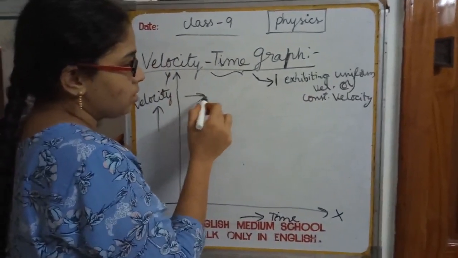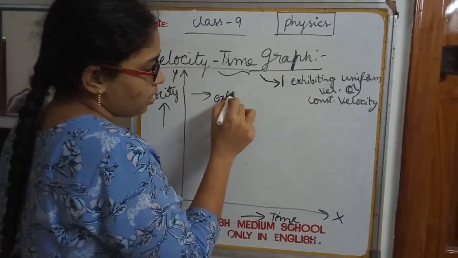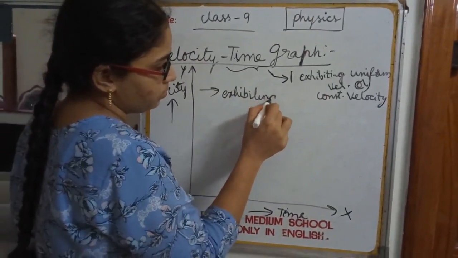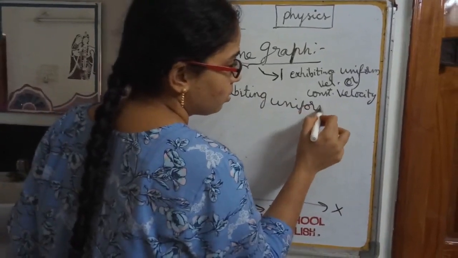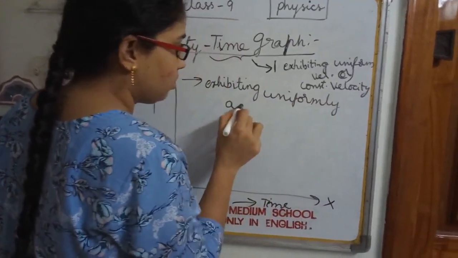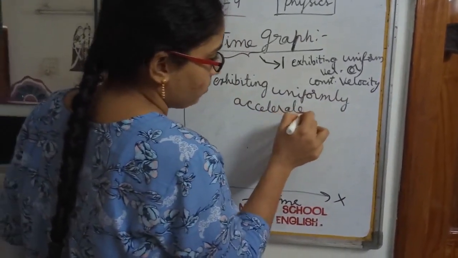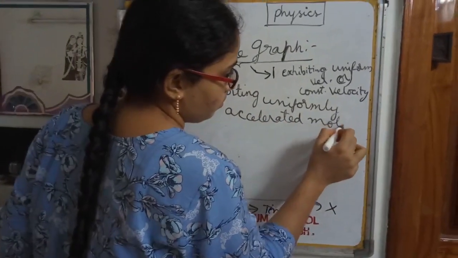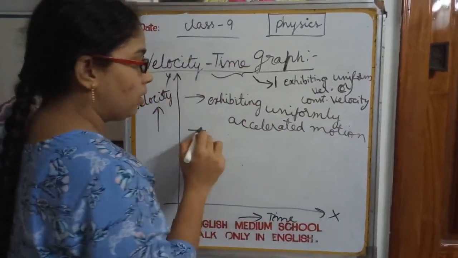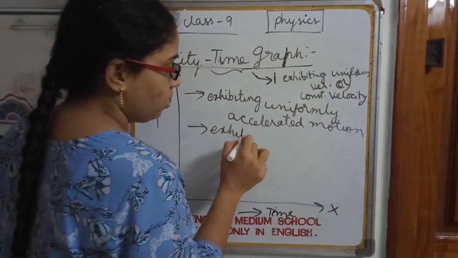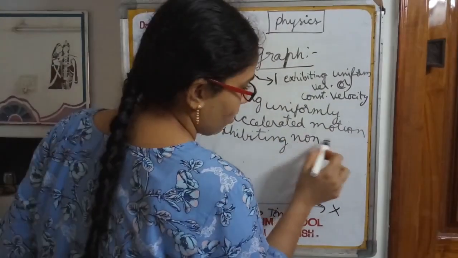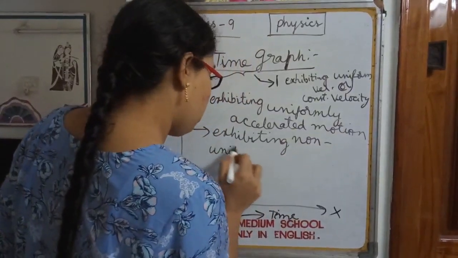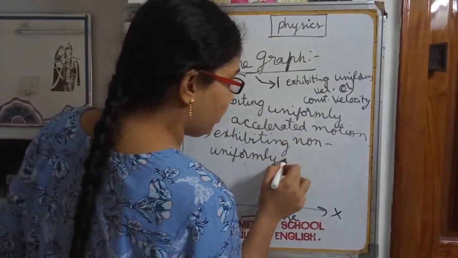The second case is when the object is exhibiting uniformly accelerated motion. In the third case, the object is exhibiting non-uniformly accelerated motion.